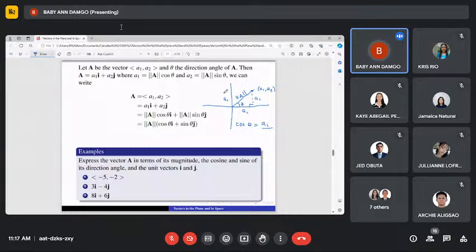So this is the answer. We don't need to simplify it, class. So A is equal to negative 5, negative 2, in terms of the cosine and sine. This is its result.